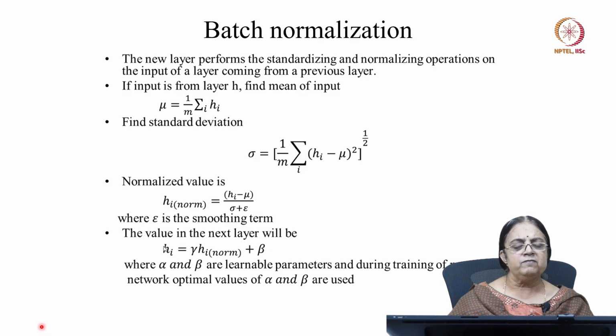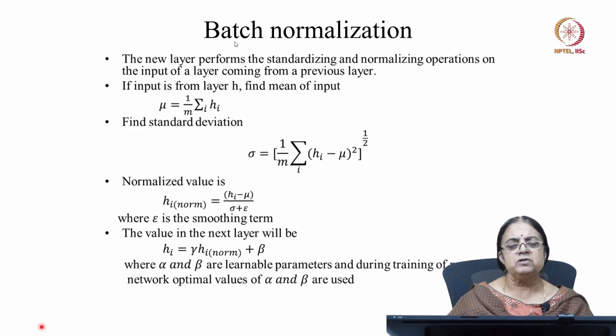Then the value of Hi which you put into the next layer is equal to alpha into Hi normalized plus beta, where alpha and beta are learnable parameters which you are going to use.